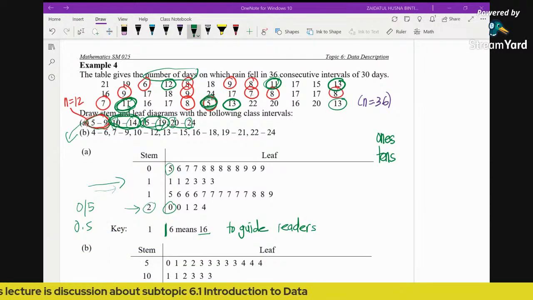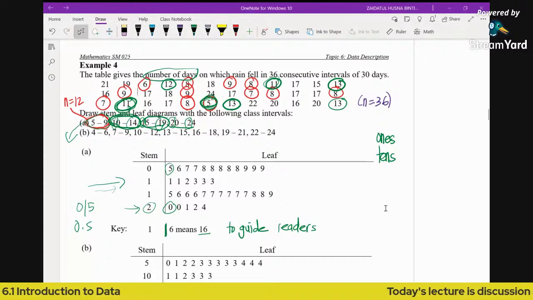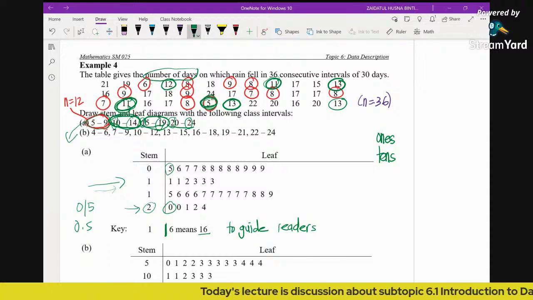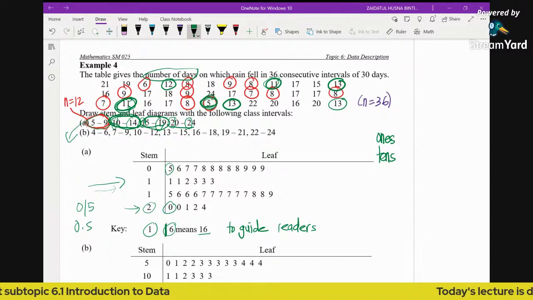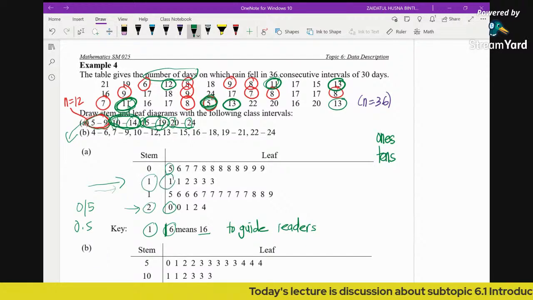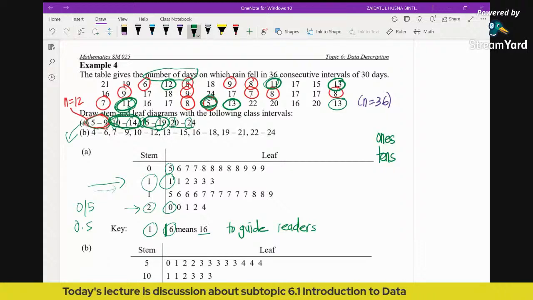For example, because the data is about number of days on which the rain fell, this 1|6 means 16 days. And 1|1 here means 11 days. So that is how we provide the key.